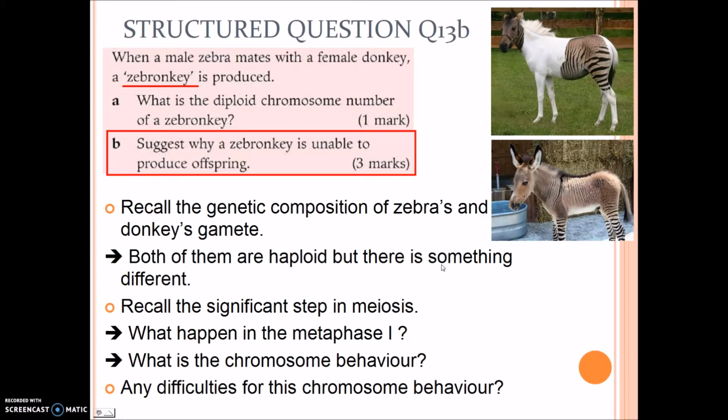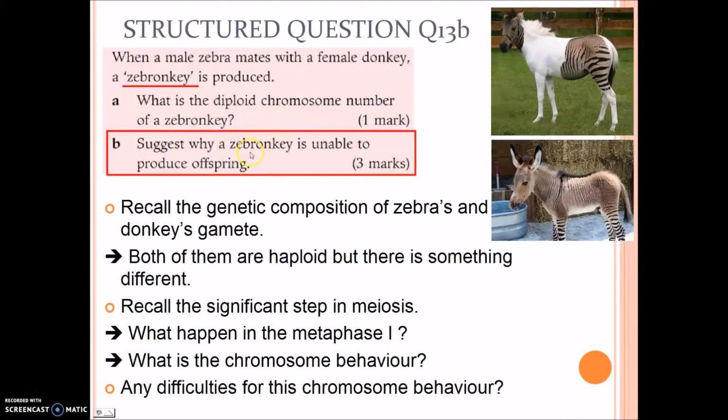Because the diploid numbers of chromosomes are different, the 2N are different, and then the 1N must also be different. Then recall the significant step in meiosis. What happened in metaphase 1? What is the chromosome behavior in metaphase 1? And is there any difficulty for this chromosome behavior?